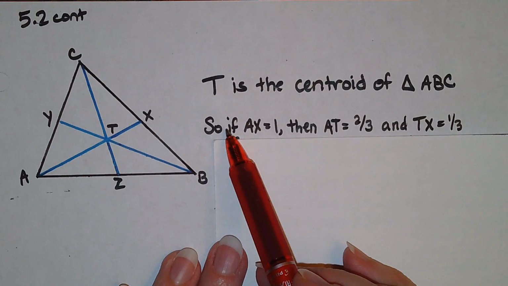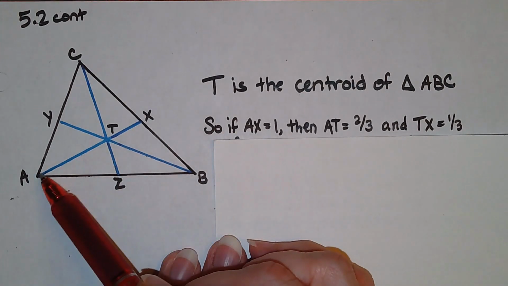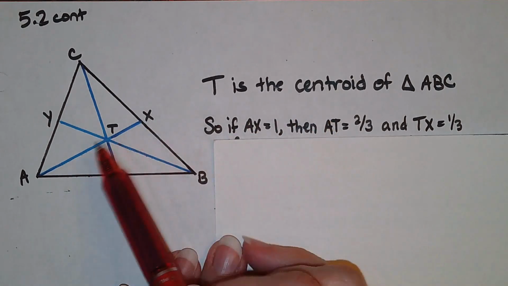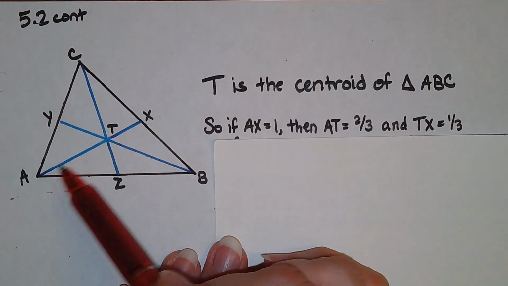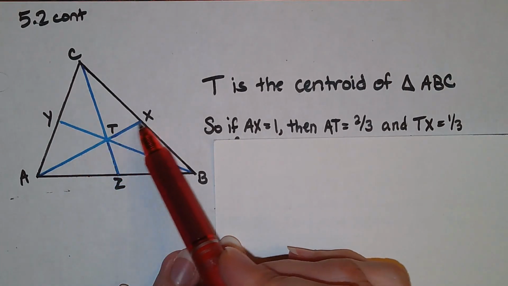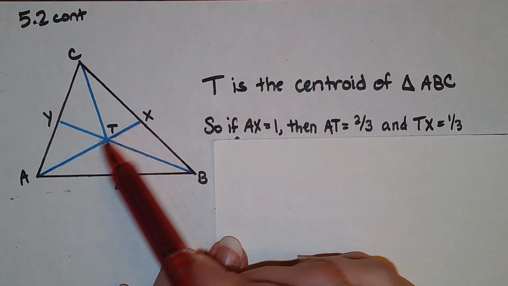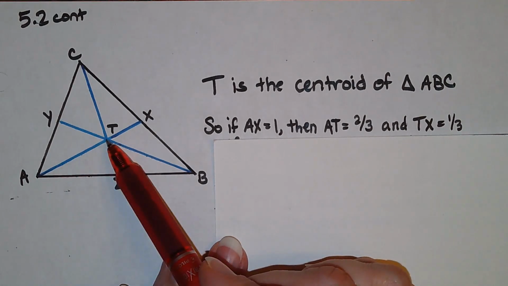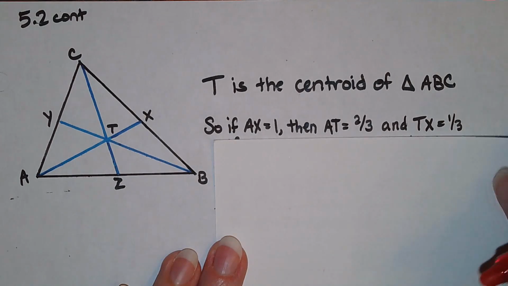Next, if AX equals 1, then AT would be 2/3 and TX would be 1/3. So if this whole thing were 1 foot, AT would be 2/3 of a foot and TX would be 1/3 of a foot, whatever your units happen to be.